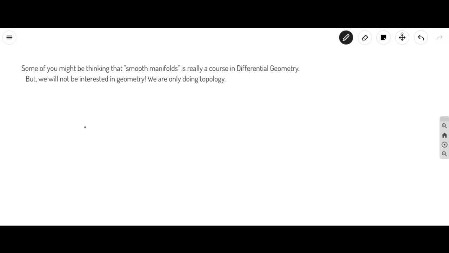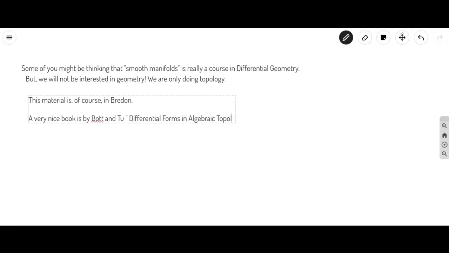And there's a very nice book. Now you can find this material, of course, in the Bredon book, because he has everything in that book. But a very nice book is by Bott and Tu, and it's called Differential Forms in Algebraic Topology.